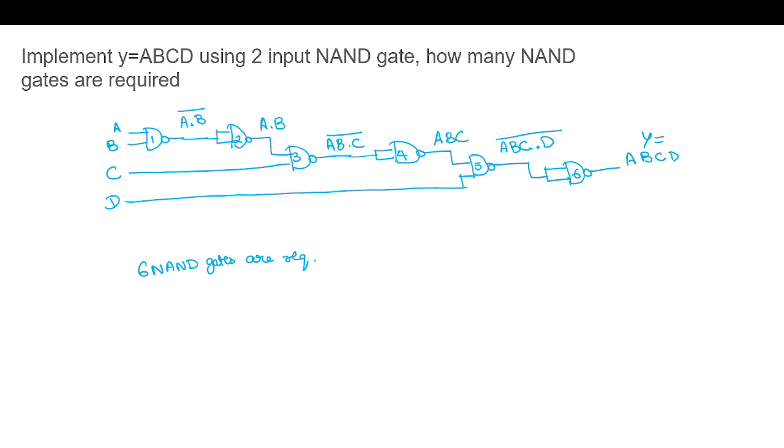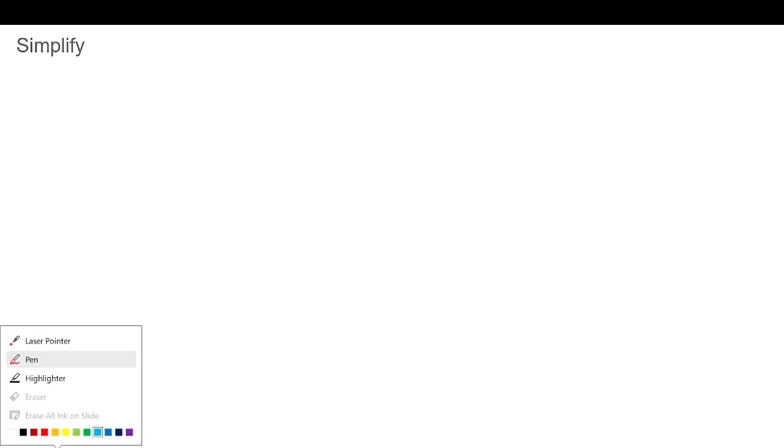Next, we will solve some questions on simplification. So let's simplify this Boolean equation. Y is equal to A, B, C plus A, B complement and with A complement, C complement, whole complement.